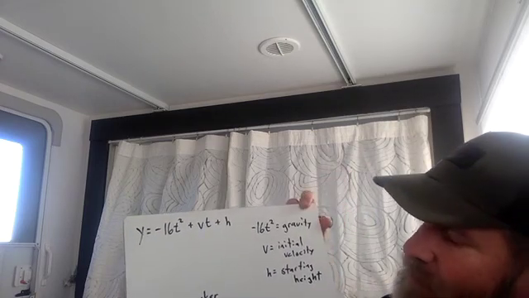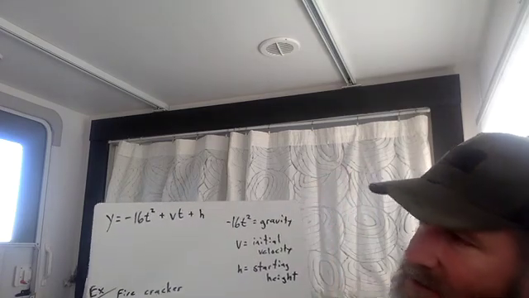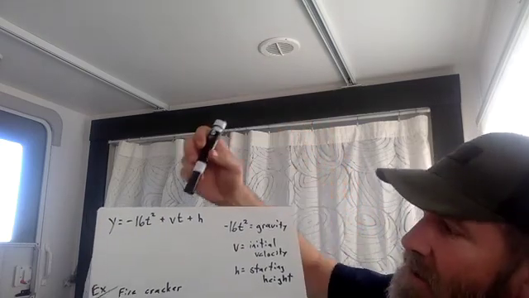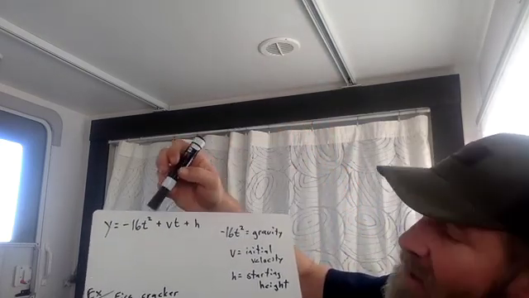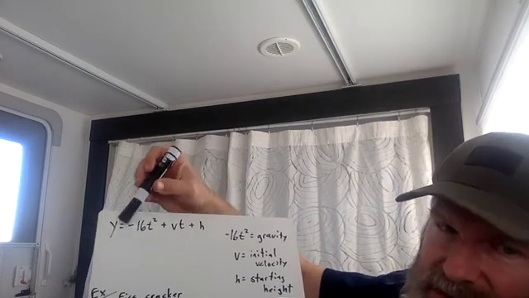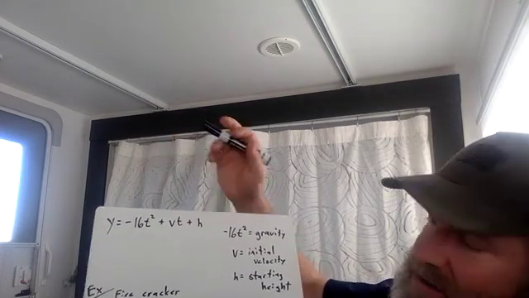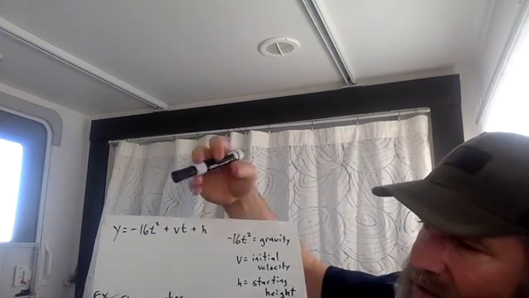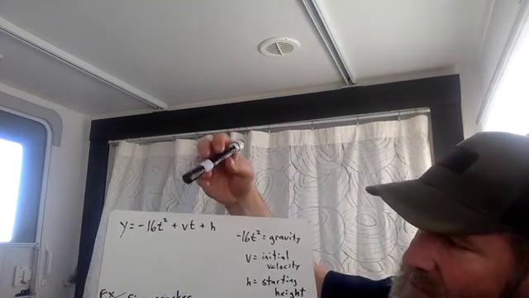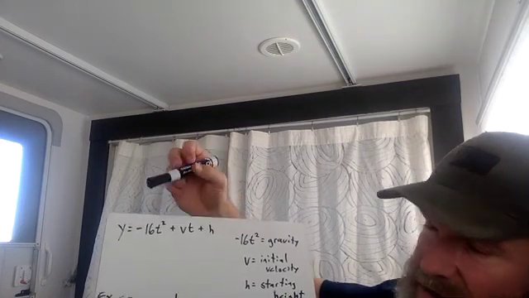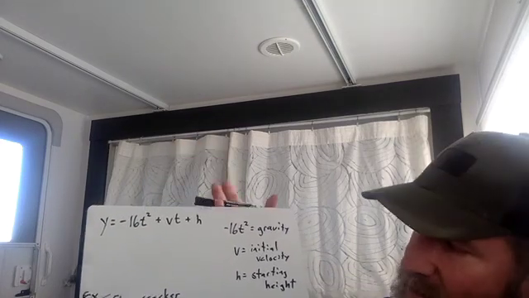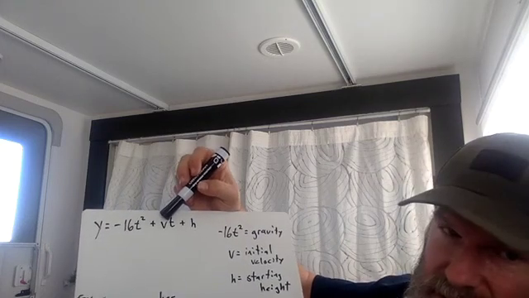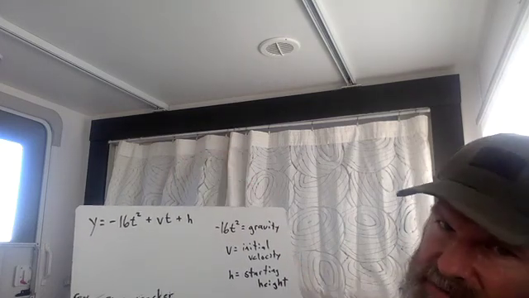So like that bottle rocket problem, it had a speed coming off the ground. Whatever that speed was, that would go in for your b. This negative 16t squared, that never changes. That represents gravity, and gravity is constant. So every problem that you're going to do in this week with these real life examples is going to start off with negative 16t squared, because that represents gravity. Vt is your initial velocity, and then h stands for height.